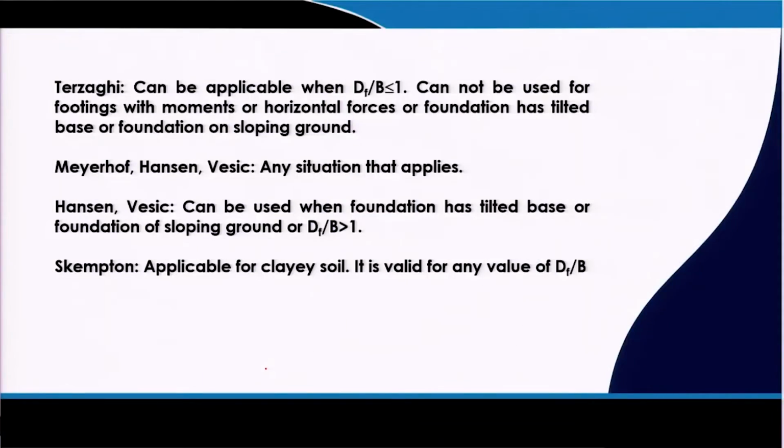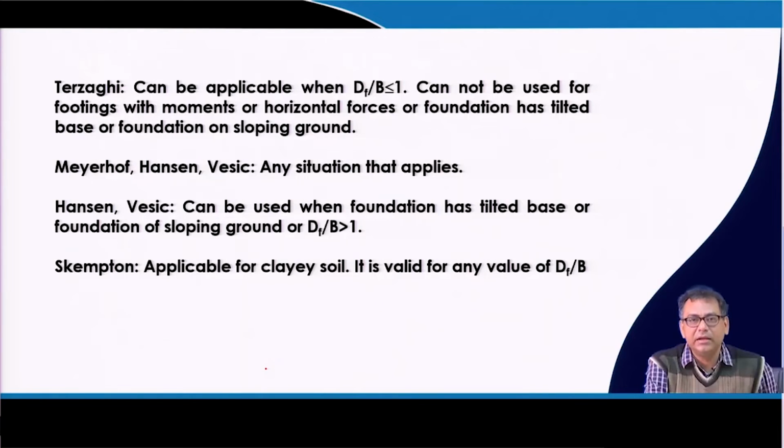Suppose you do not have those informations available, you have only the angle given, then you go for the Meyerhof. But if you have those information, that means you know the horizontal load is parallel to L or parallel to B, then you can go for any equations, Hansen and Vesic.